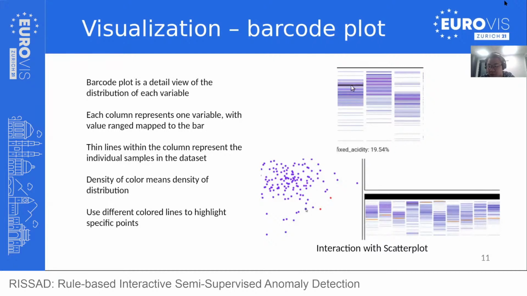When a user hovers over each line on the barcode plot, the percentage of the associated data point with its attribute name is displayed at the bottom, as shown on the top. The barcode plot allows the user to bring their knowledge to the task, meaning if they know which attributes are most important, they can directly refer to those.